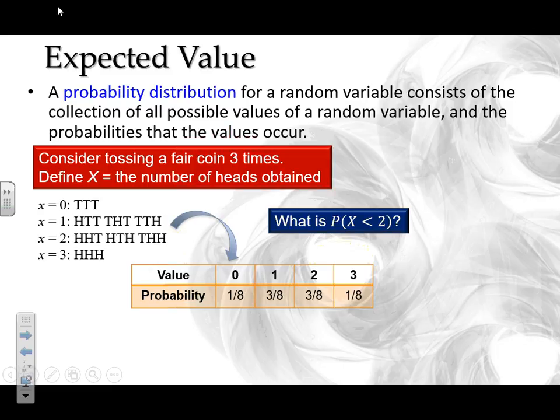How does that change, or does it change? All right, this time we're not interested in including 2 heads. We're saying we have to be strictly less than 2, which means we can only have 0 or 1 heads in this case, right? So we would take the probability of 1 plus the probability of 0. We get a total probability of 1/2.